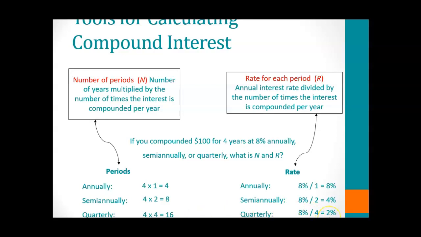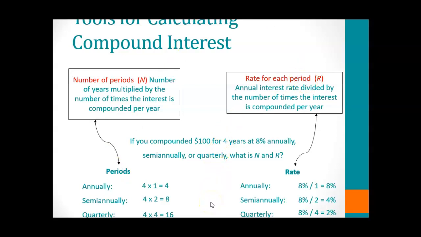The interest rate is going to be 2% per quarter. So for each of these, annually, 8% times 1 is 8%. Semi-annually, twice a year times 4% will give you 8%. And because it's quarterly, which means 4 times a year times 2% would give you a total interest rate of 8%.